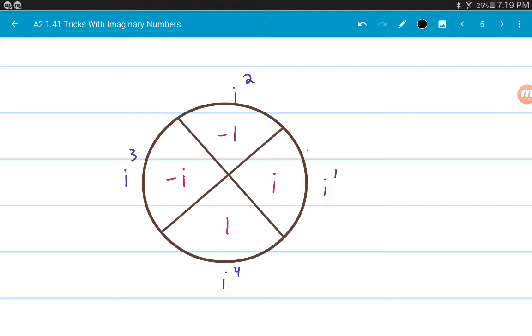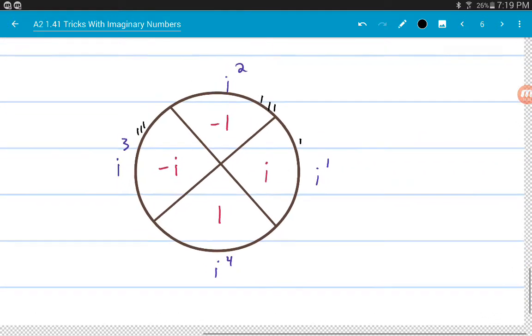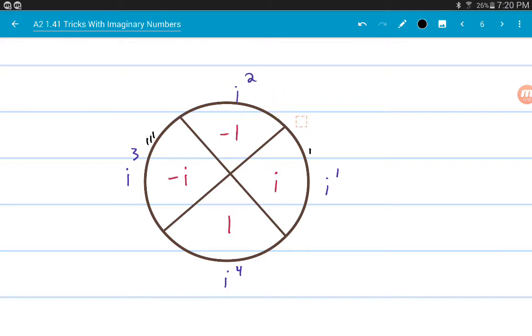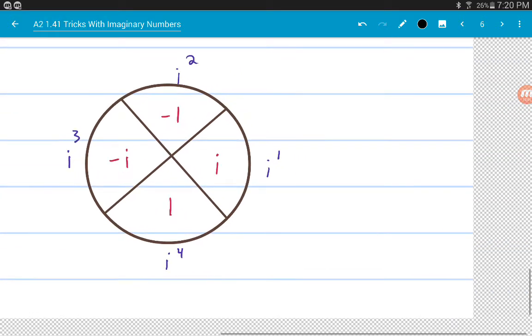I could, right? 1, 2, 3, 4, 5, 6, 7, 8, 9, 10, 11, 12. See, that's going to get really boring by the time I make it to 55, so I'm not going to do that. What I'm going to do is look at the multiple of 4 that is closest to 55.